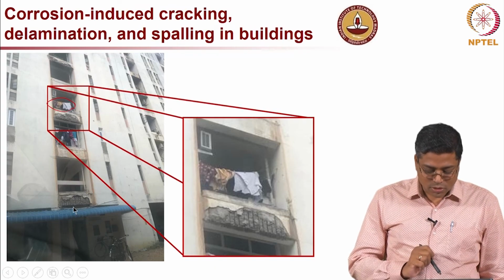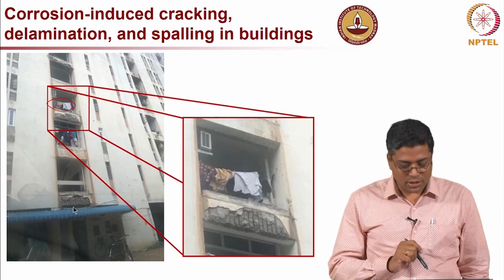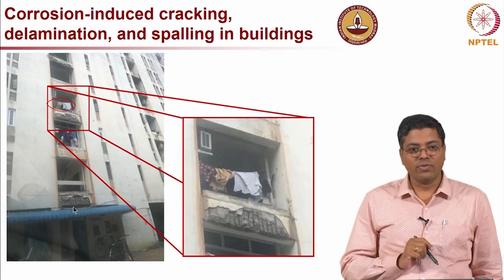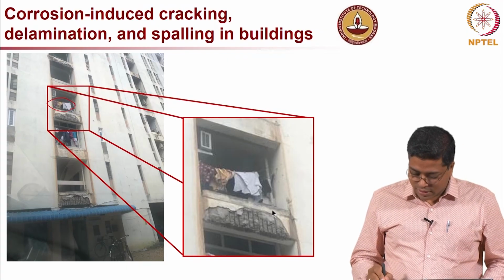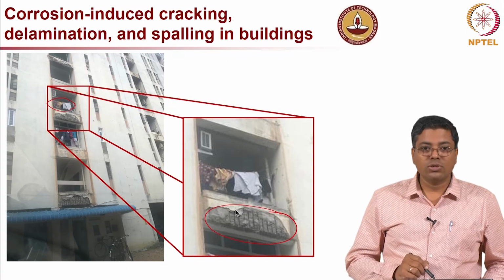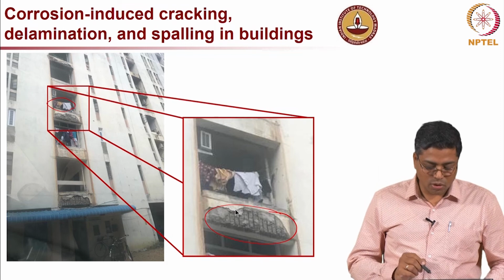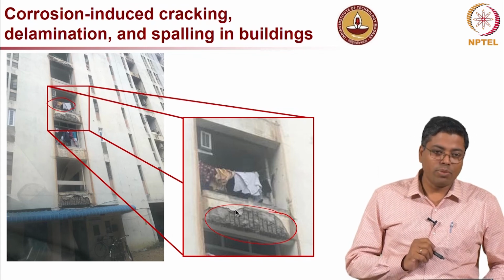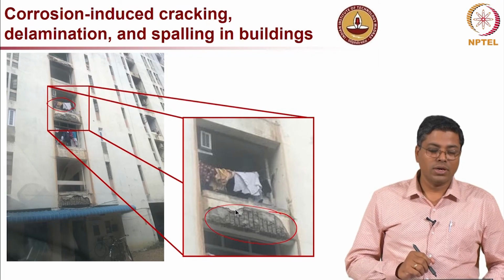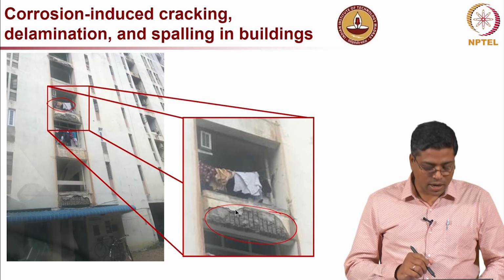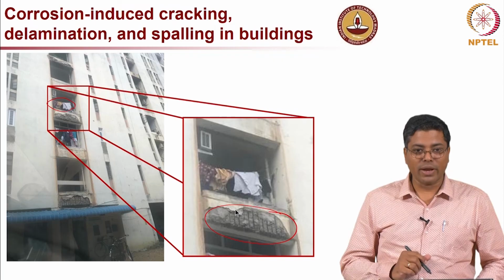And one more reason why I put this picture is to emphasize that we should go for preventive maintenance. Why are we waiting until this happens? We should not let this happen. When we know that there is a possibility of corrosion, we should try to stop it right then and there by adopting a very good repair practice.